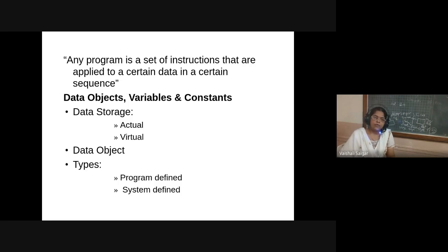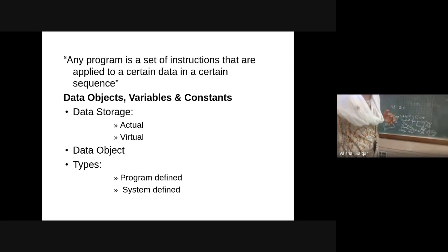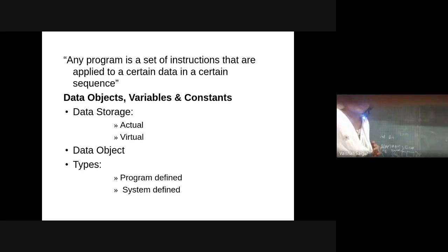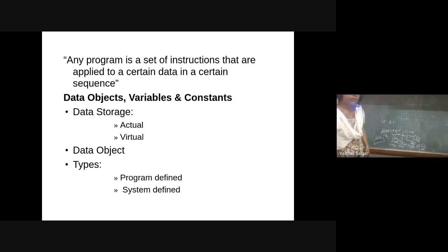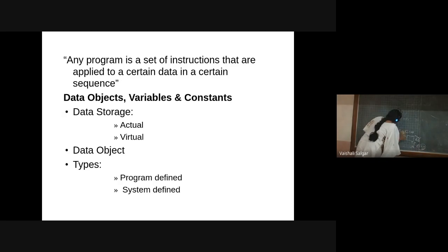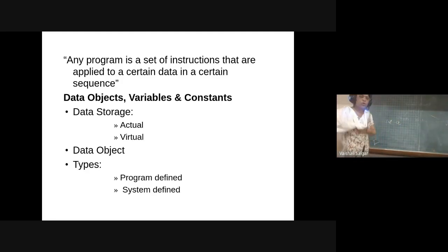Meaning, whenever I am declaring any variable, let me know whether it is visible or not. Is the blackboard visible? So whenever I am saying int a, this is my C programming syntax.